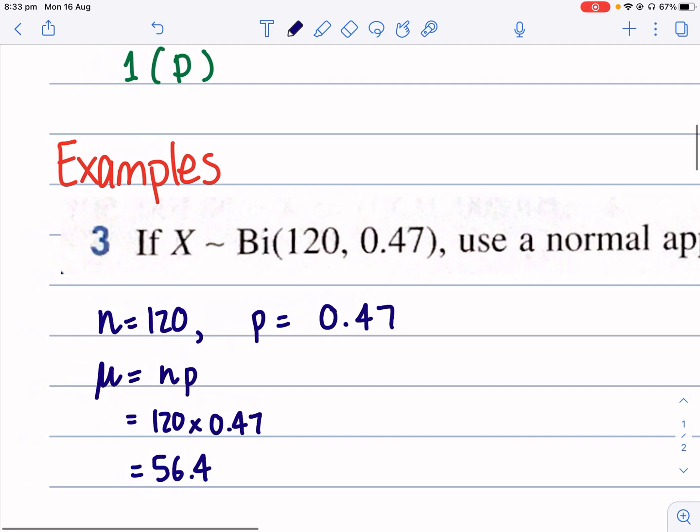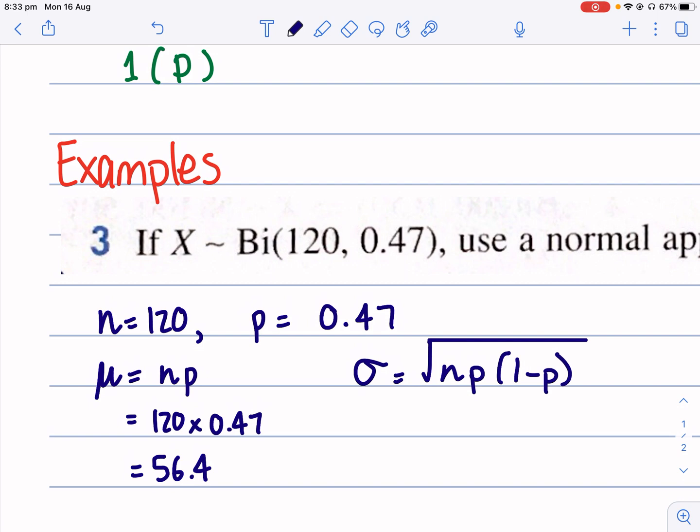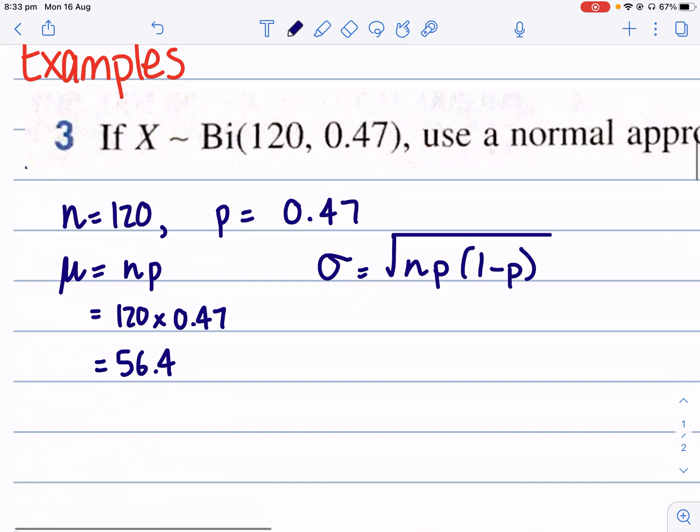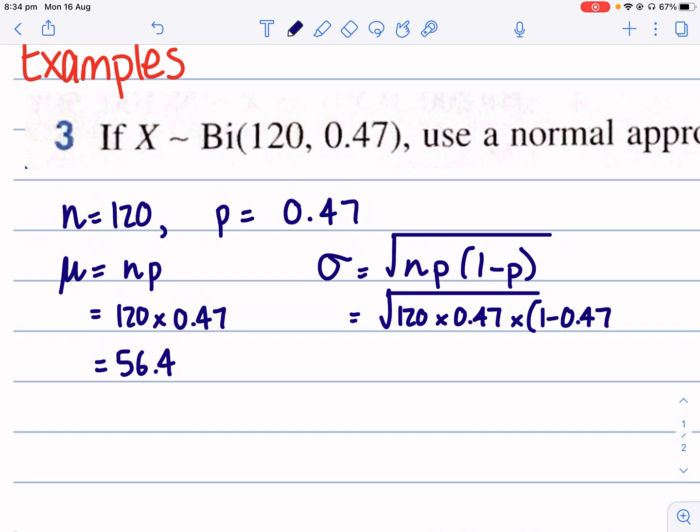56.4. We need to know our standard deviation, which is the square root of n times p times 1 minus p. So number of trials times probability of success times probability of failure, and the square root of that. So we've got the square root of 120 times 0.47 times, now you could figure out this next one in your head, it's 0.53, but if you just do 1 minus 0.47, it removes that extra source of error.